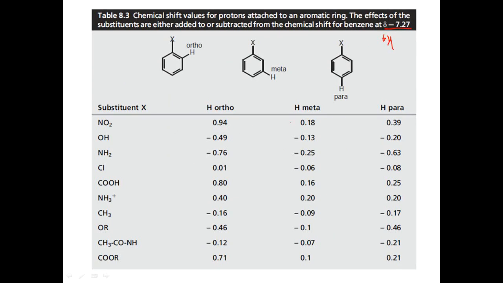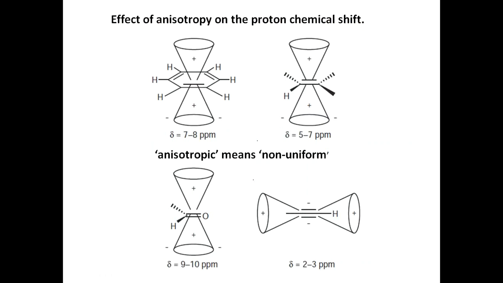The third effect we said is the anisotropic effect, right? That is the pi electron system that creates an electronic cloud. In the case of benzene, there's a pi electron system above the plane and below the plane. These protons are not in this electronic plane, so they are away from it and are not shielded by this electronic cloud.